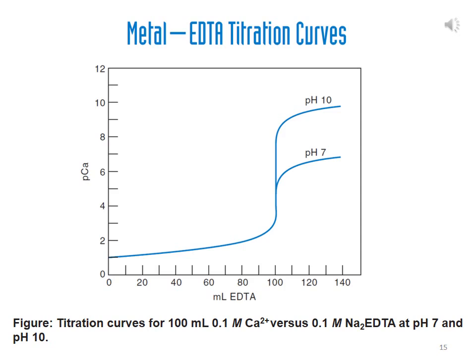At the equivalence point and beyond, pKa is determined from the dissociation of the chelate at a given pH. The effect of pH on titration is apparent from the curve. Here you can see in this figure the curve for calcium at pH 7, and at pH 10 you can also see the curve. And we can find out the concentration of metal ions.